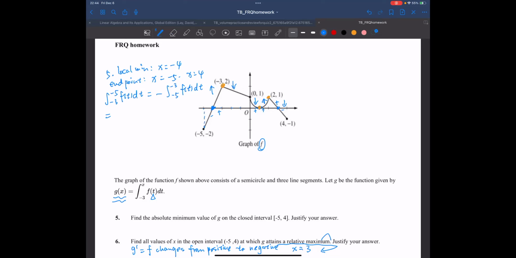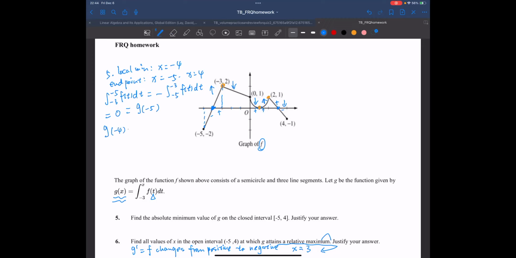From -5 to -3, it can just be written as 0. And it is the value of g of -5.